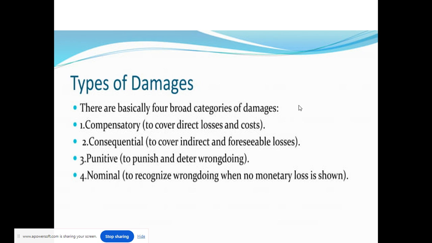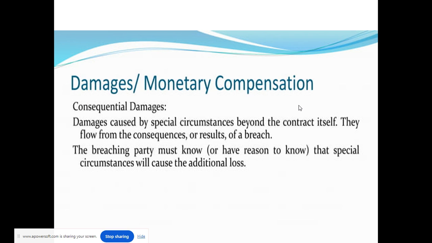Some breaches are minor, some are material breaches, and some are anticipatory breaches. These damages or breaches are part of the monetary compensation.